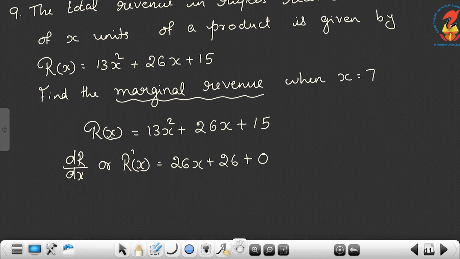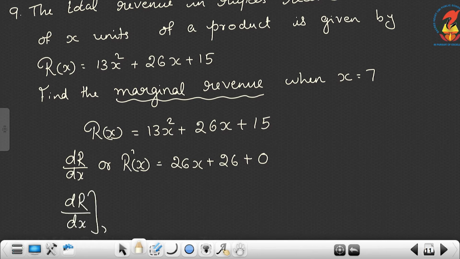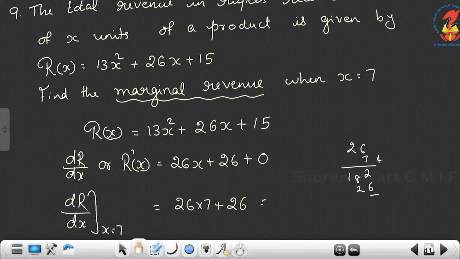Then you have to give the value, x is 7, that is given in the question. So dr by dx at x is equal to 7, or you can write r dash 7, that's equal to 26 into 7, calculate, plus 26, that is 208.